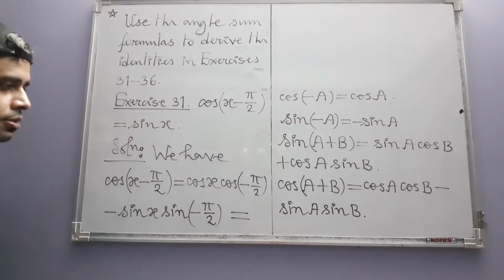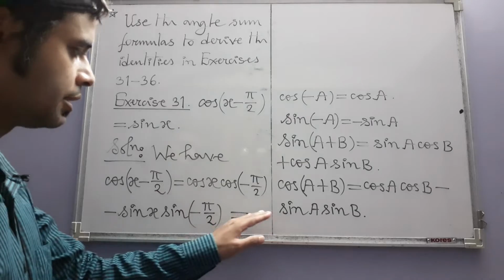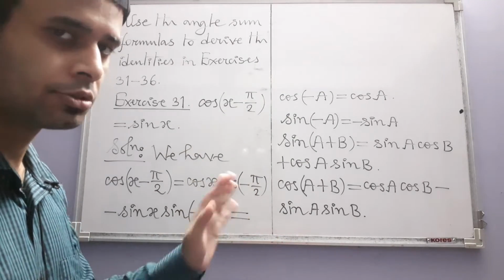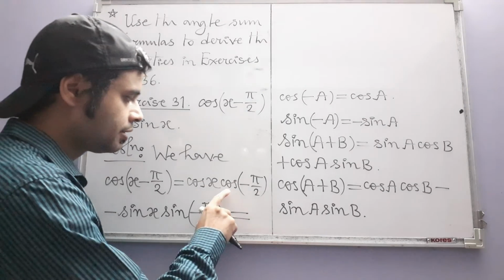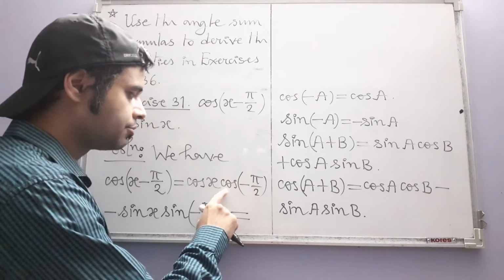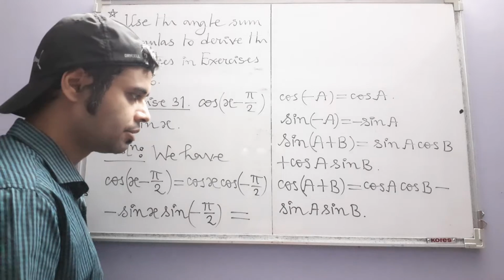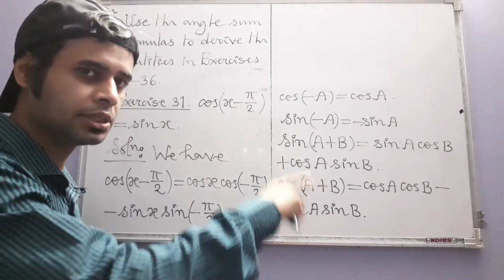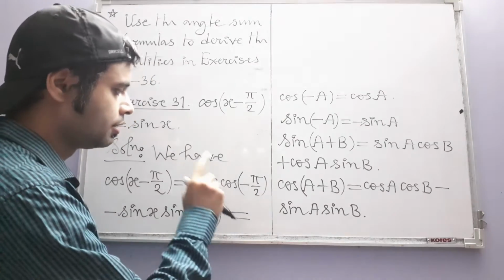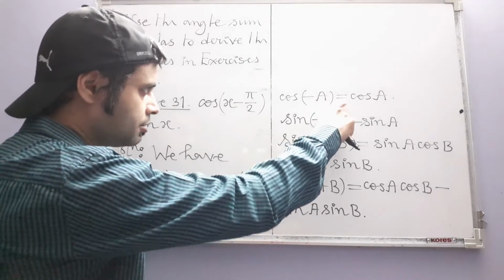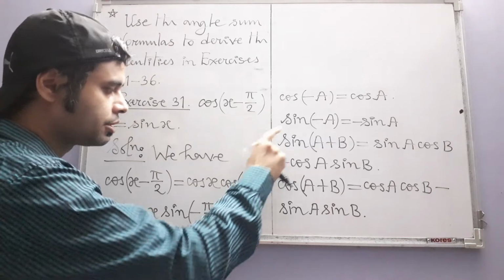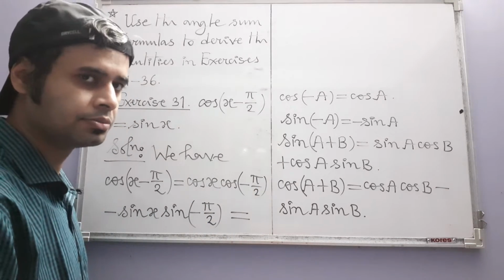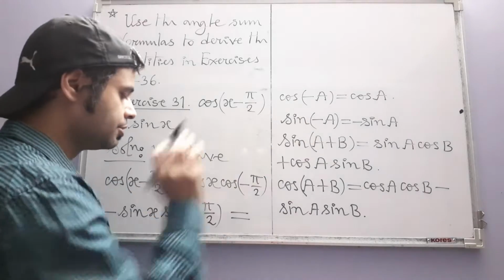And our calculation continues. Now in the next step, you can do one of these two things. Either you can directly try to find what cos minus pi over 2 is from the definition of cosine, which has that unit circle and all those things. Else you can use this formula. So according to this one, cos minus pi over 2 will be just cos pi over 2. Okay, so let's just use this one.